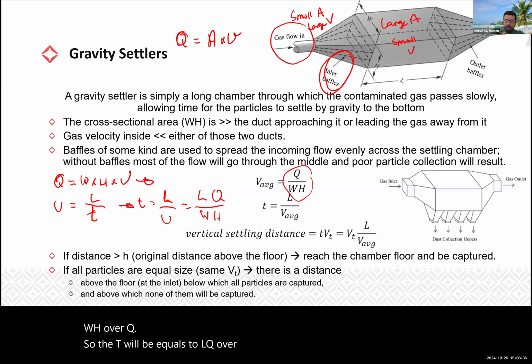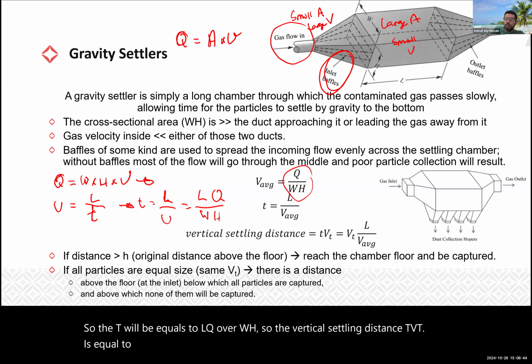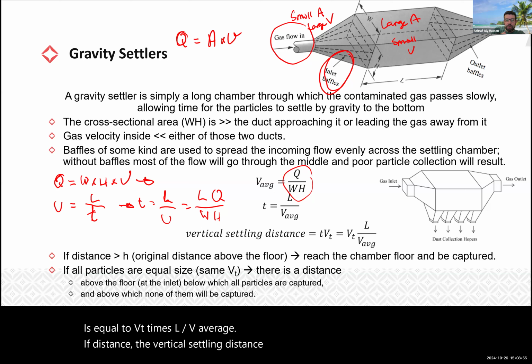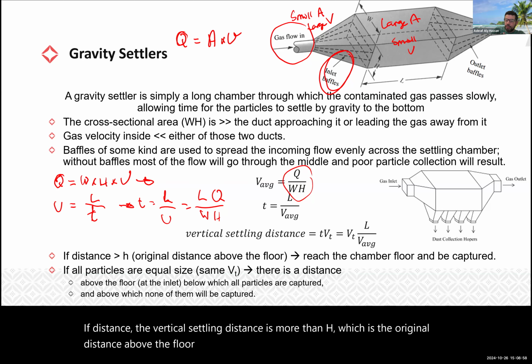So the vertical settling distance is equal to Vt times L over V average. If the vertical settling distance is more than H, which is the original distance above the floor, then it reaches the chamber floor and is captured.